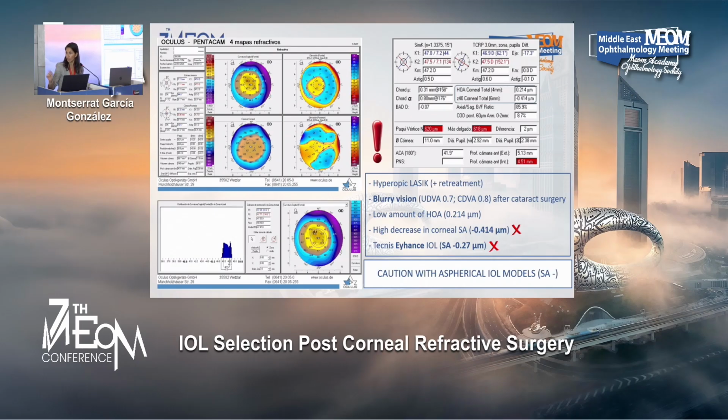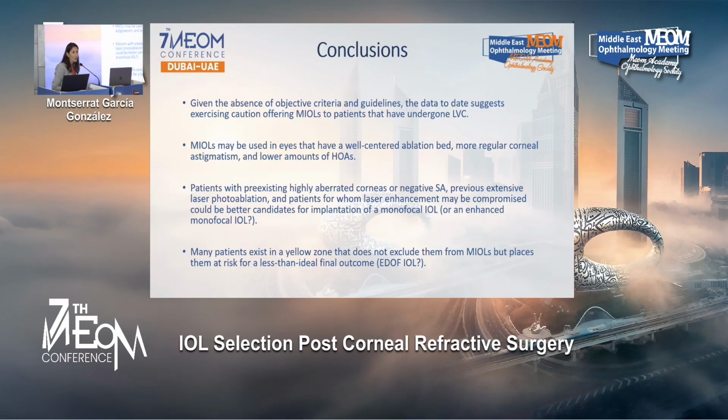And the last, only 10 seconds. So, in conclusion, given the absence of objective criteria and guidelines, the data to date suggest exerting caution offering multifocal IOLs to patients that have undergone corneal laser. Multifocal IOLs may be used in eyes that have a well-centered ablation bed, more regular corneal astigmatism, and lower amount of higher order aberration.